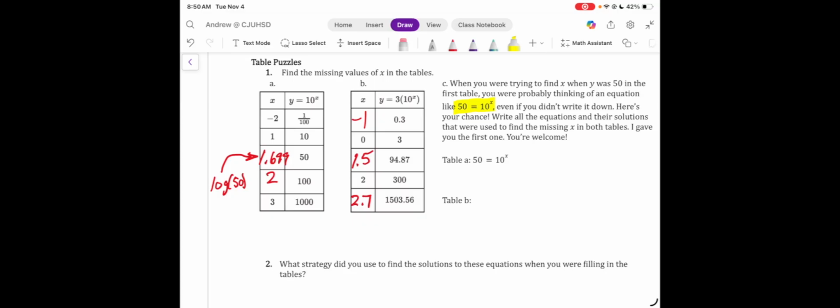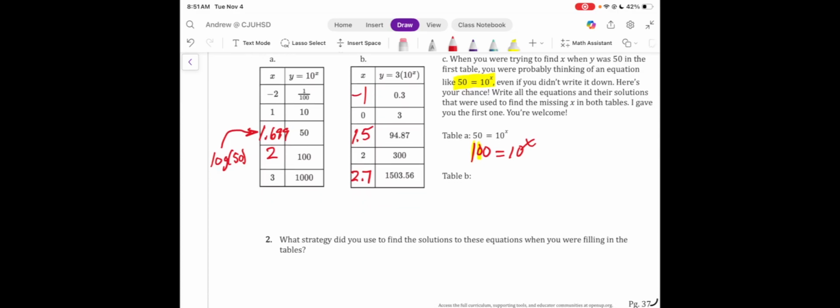So let's see. Table A. How could they have solved it? More to come. But you know that second equation, if it follows the pattern, would have been something like 100 equals 10 to the x.